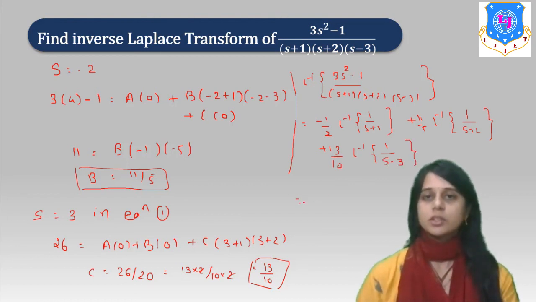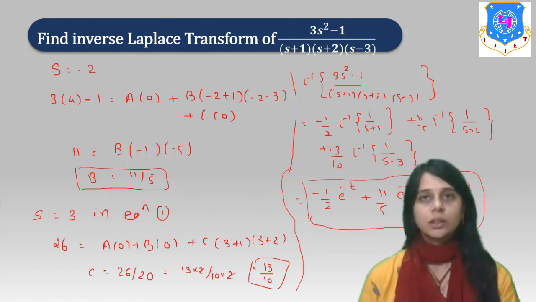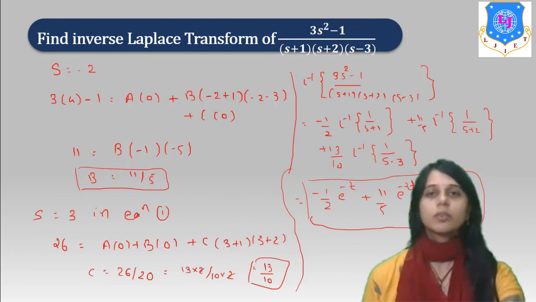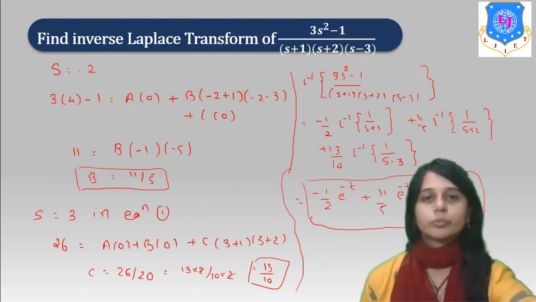So the answer is minus 1 by 2 e raised to minus t plus 11 by 5 e raised to minus 2t plus 13 by 10 e raised to 3t. This is your final answer of the example. Okay, clear? So here we have completed case 1 of the partial fraction. Okay, thank you.